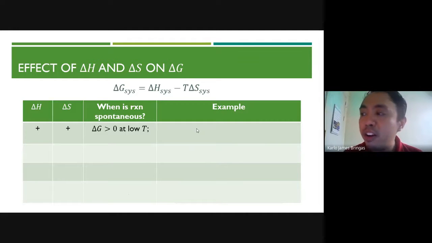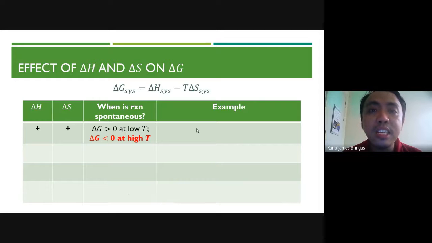When you have conditions of low temperature, our delta G is greater than 0. That is to say the reaction is non-spontaneous. However, when you increase the temperature, our delta G will now have a negative sign.